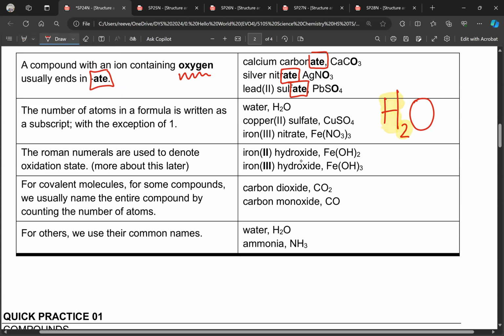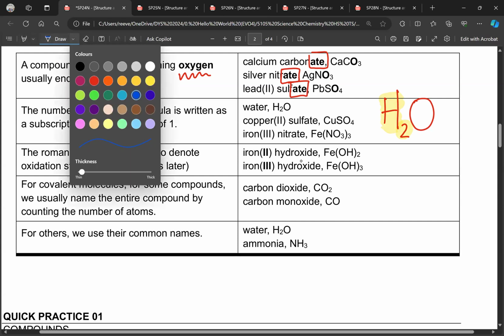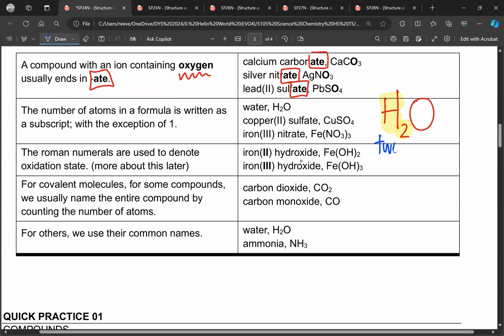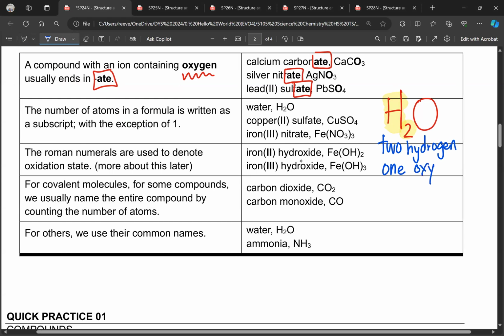It implies that there are 2 hydrogen that combine with 1 oxygen. So if I never write any number, it means 1.